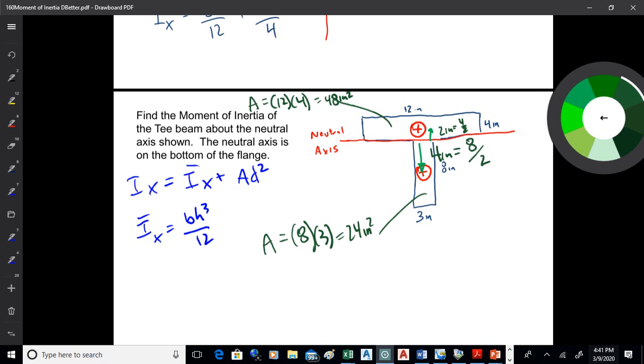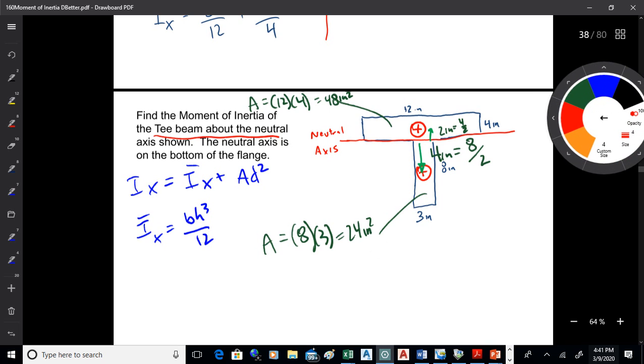No, because we're taking the moment of inertia about the neutral axis, which is what you usually do for a beam. So this is our new reference axis that doesn't go through the centroid of either piece. To find the moment of inertia of each of those pieces about the neutral axis, we need the distance from it to the centroid of each of the pieces. We're going to have to do this in 2 steps, one for the top rectangle, one for the bottom. So we're not combining them, we're doing them one at a time, adding up the results.